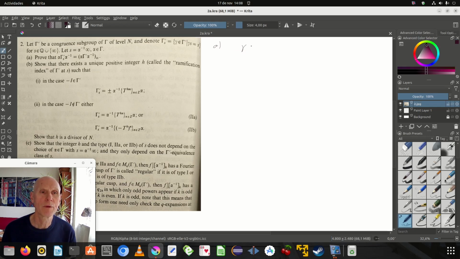We have a gamma in gamma mark S, and then alpha, gamma, alpha to minus first of S equals S. This is really silly.